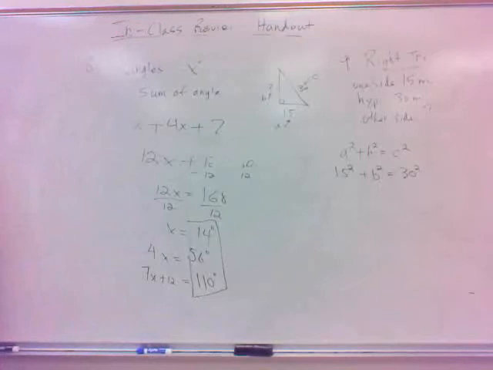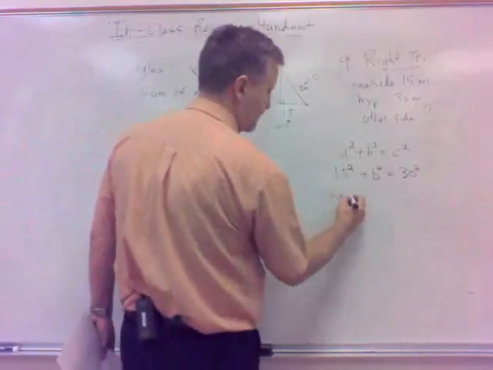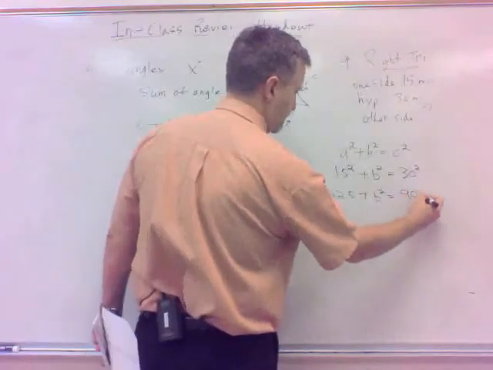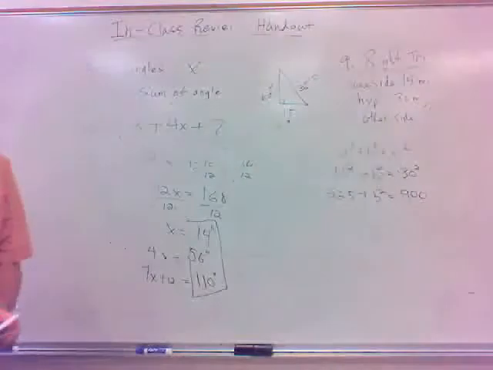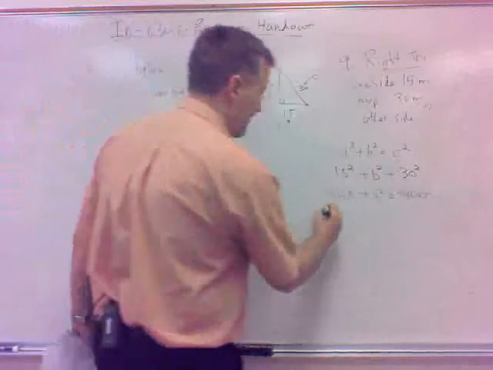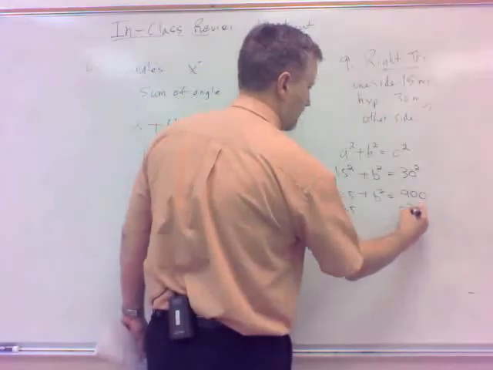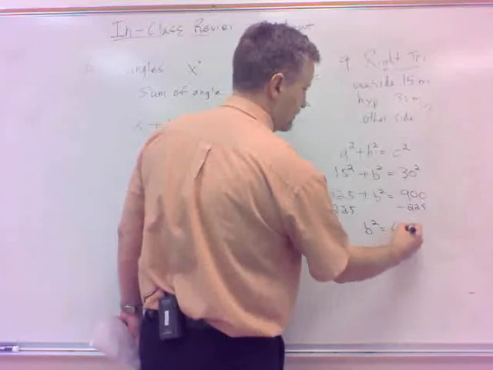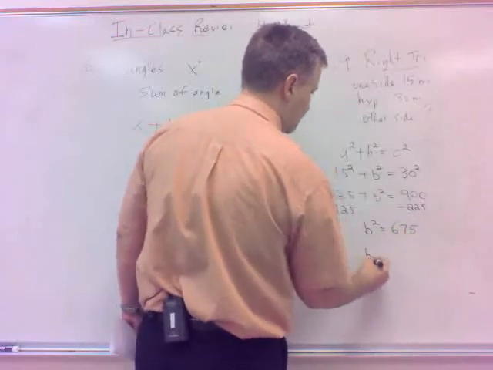So I have, don't I, 225 here, plus b squared equals 30 squared is 900. What do I do with that? Subtract the 225. And so b squared equals 675.